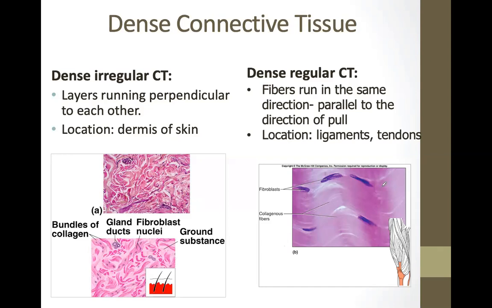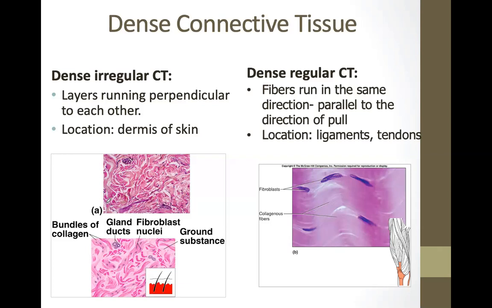All fibers are parallel to each other. Versus when you have a storm and you have water churning everywhere, there is no particular pattern to it. The protein fibers are just going everywhere. That's the easiest way to identify between dense regular versus irregular connective tissue.